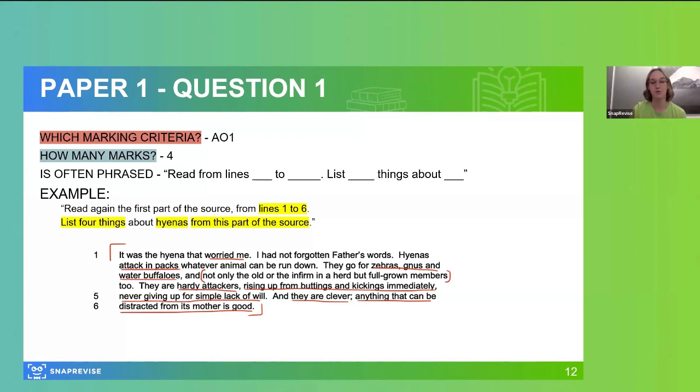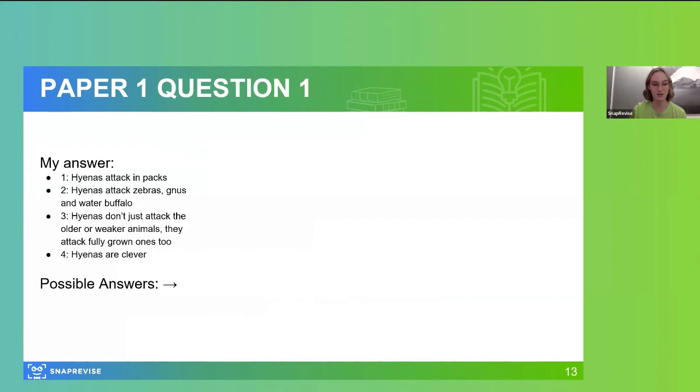If I was answering this question, I'm going to say that hyenas attack in packs. My second point would be hyenas attack zebras, gnus, and water buffalo. My third point would be that hyenas don't just attack the older or weaker animals, they attack fully grown ones too. And my fourth and final point would be that hyenas are clever.